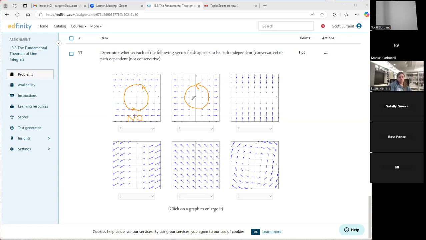Down in this region at the bottom, you'll have little parts with non-zero work, but they cancel each other out. This little bit right here will cancel out this little bit right here because of the way the arrows are oriented. You see that symmetry? So this one, I bet, is going to be a yes.